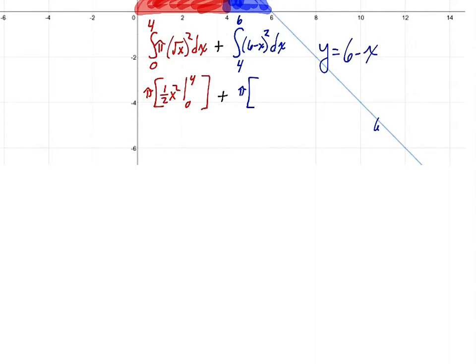So 6 minus x, the quantity squared, is going to be 36 minus 12x plus x squared.